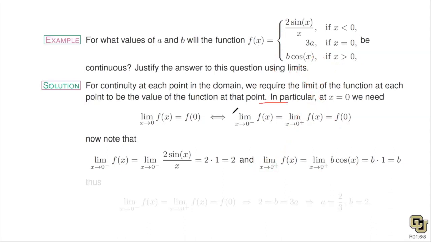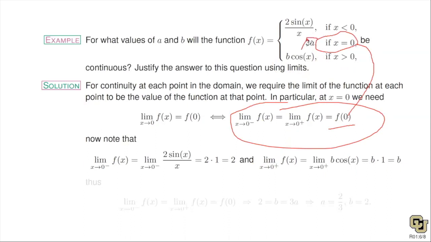So now I'm going to set all three of these things equal together. Look, f of 0, when x equals 0, the function output looks like 3a. So I'm going to set the two limits equal to each other and also equal to 3a. So here's our limit from the left.